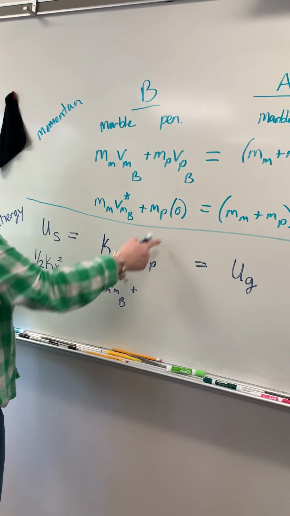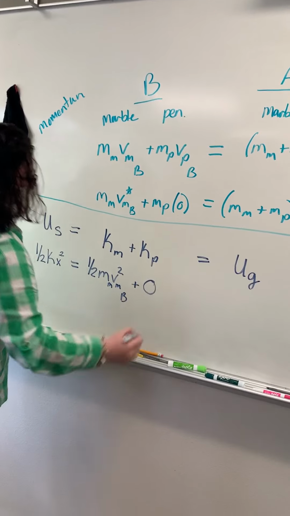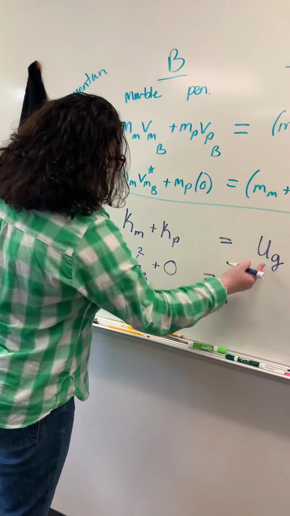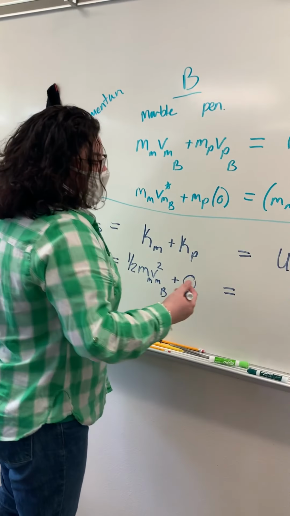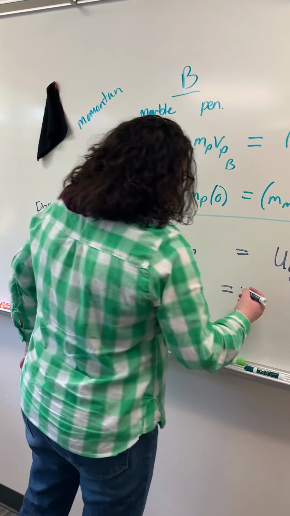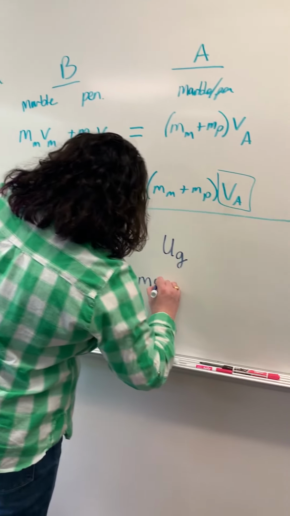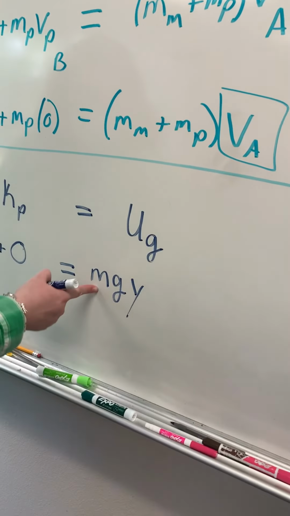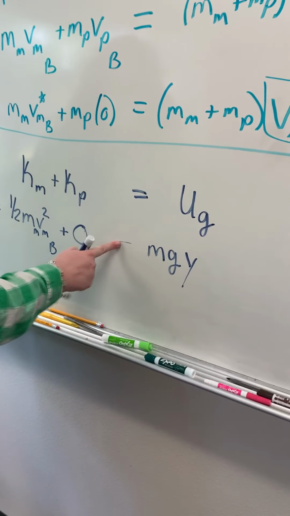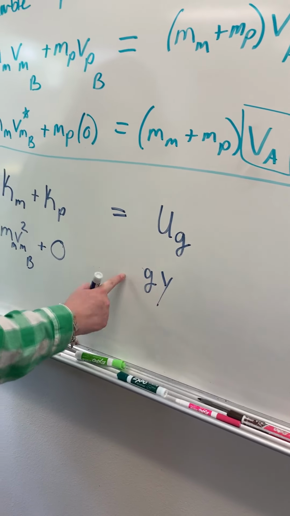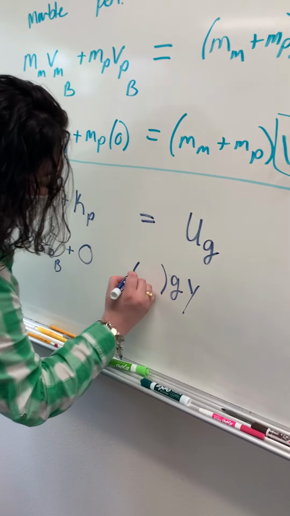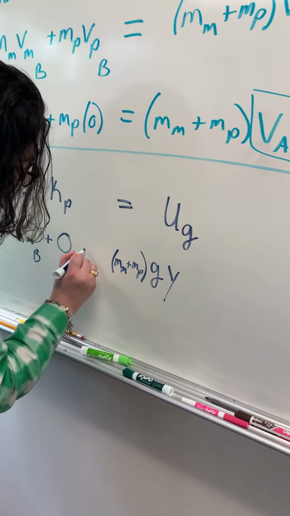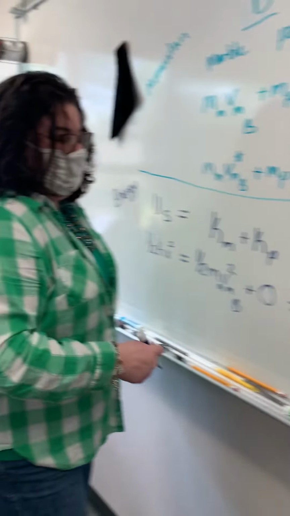We already said no. So if it's not moving, guess what our kinetic energy is? 0. Equals our gravitational potential. Our gravitational potential equation is mass times gravity times height. But in this case, we're not just dealing with one mass. Our objects combined. So we have to do the mass of the marble plus the mass of the pendulum. We have to take that into consideration.